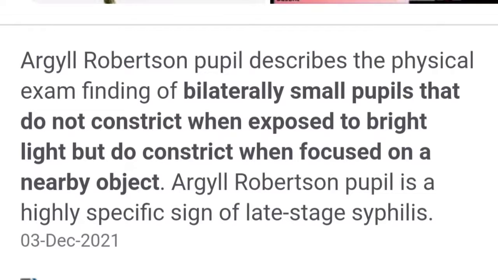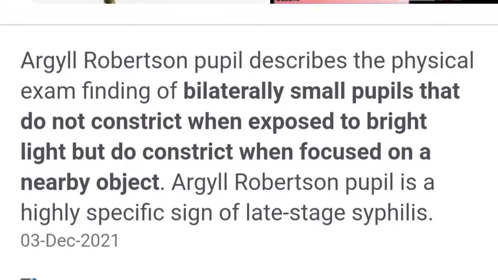So whenever some near object comes to it, like whenever you put a finger and allow the finger to come closer to the eye, then it will constrict. So the near reflex, or the accommodation reflex, is working here, but the light reflex does not. This is very important.